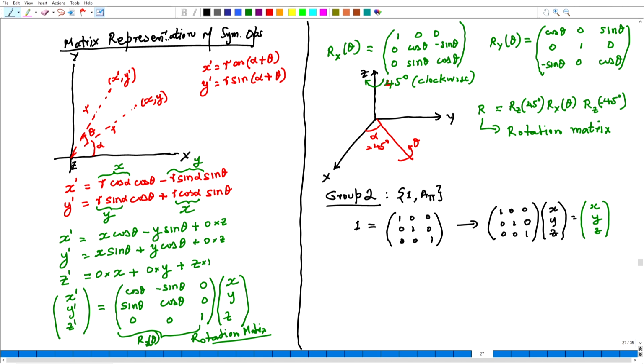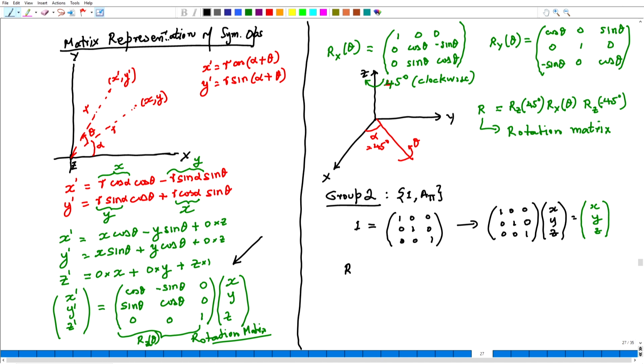So, my first element in the group, the identity, I have the identity matrix. For the second operation, we are saying we are rotating about z. So, I already have the rotation matrix for this, Rz theta. Now, let us just look at what would be this pi operation.